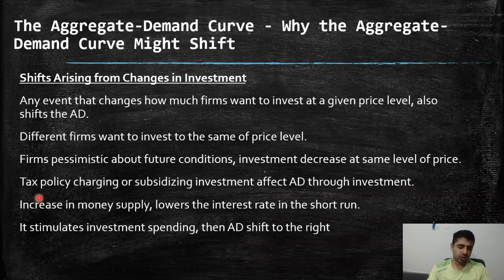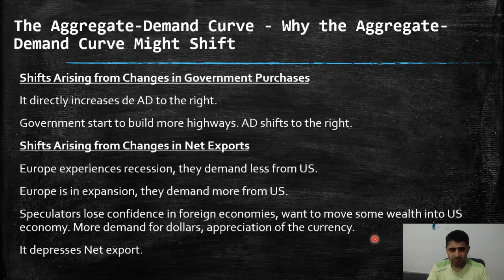We have the other situation, where tax policy changes or subsidizes investment, affecting AD through investment. If it's good for investment, it shifts to the right. If it's worse for investment, it shifts to the left. So if it stimulates investment spending, AD shifts to the right. Okay, so what about shifts arising from changes in government purchases?